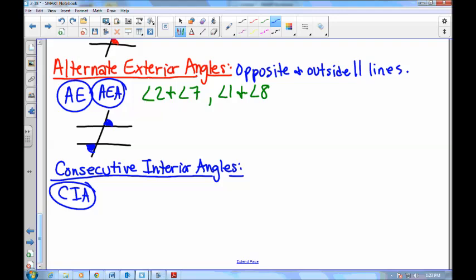All of these numbers are neighbors when we list them out, right? So for our angles, consecutive interior angles are going to be 2 neighboring angles, again, inside, because we have that word interior, inside the parallel lines.